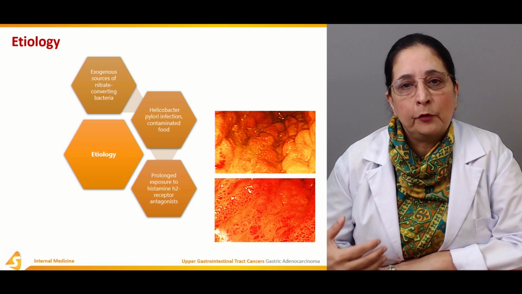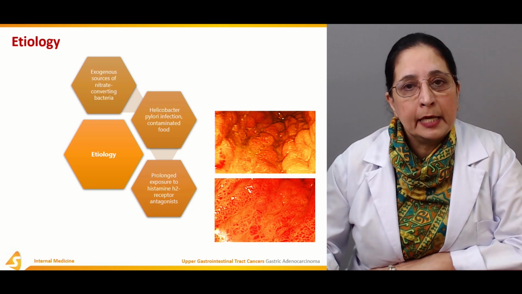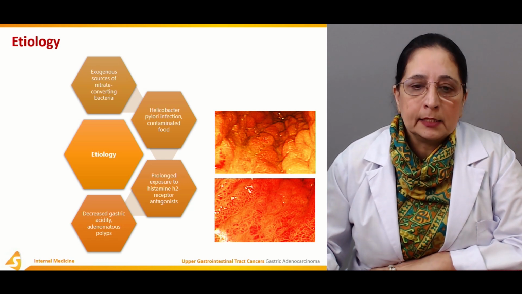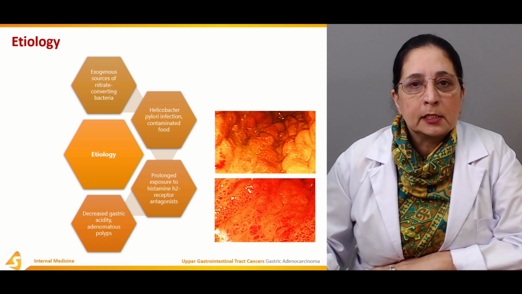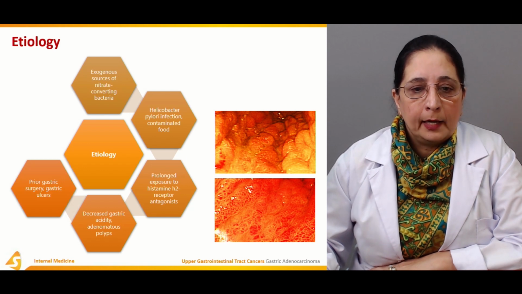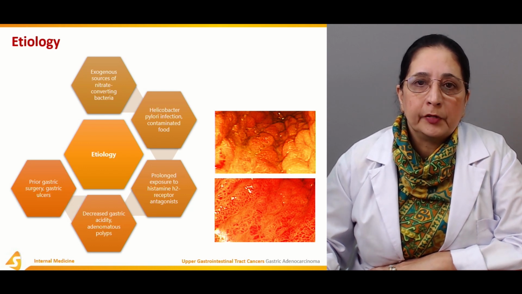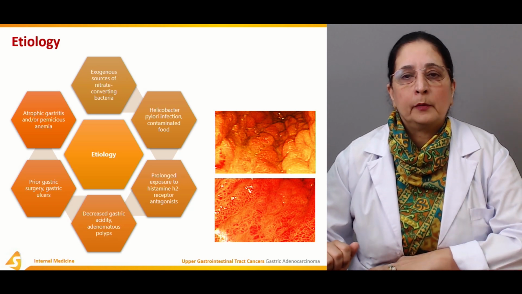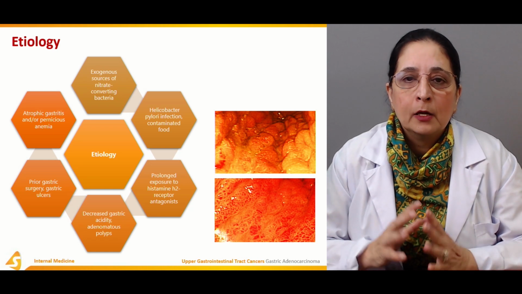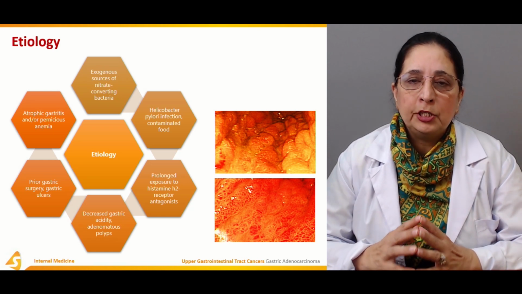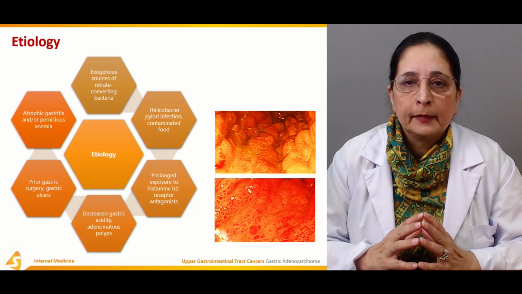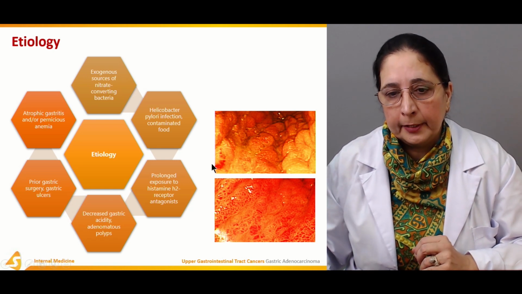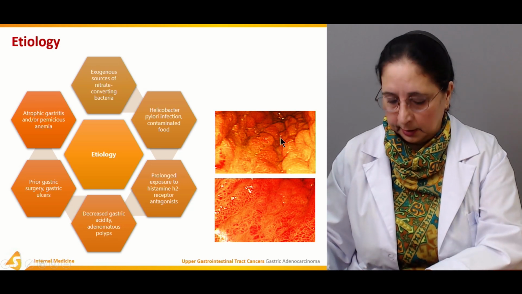All these, with prolonged exposure, can cause gastric adenocarcinoma. Decreased gastric acidity, adenomatous polyps, prior gastric surgery and gastric ulcers, and atrophic gastritis or pernicious anemia. All these are the etiologies or causes of the adenocarcinoma of the stomach, and these are the pictures of the adenocarcinoma.